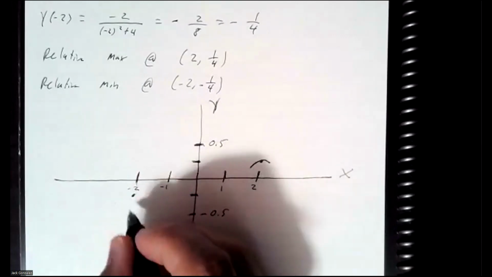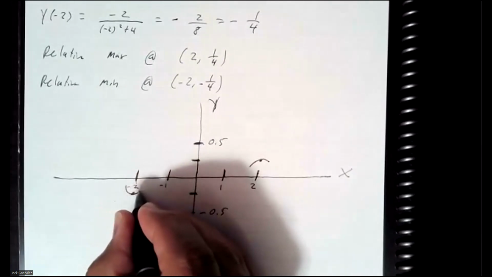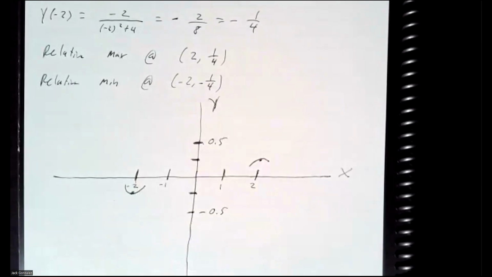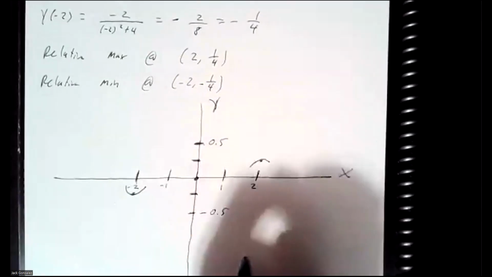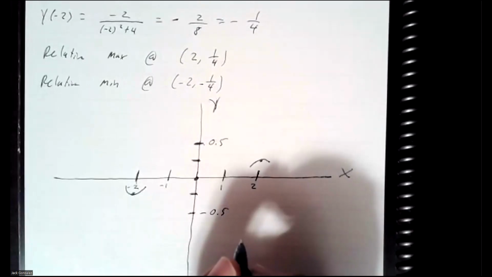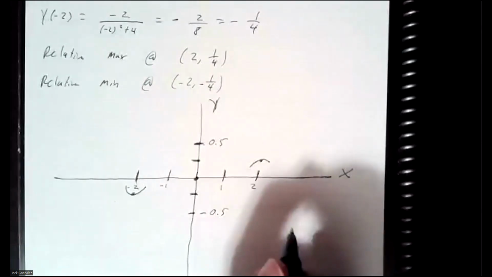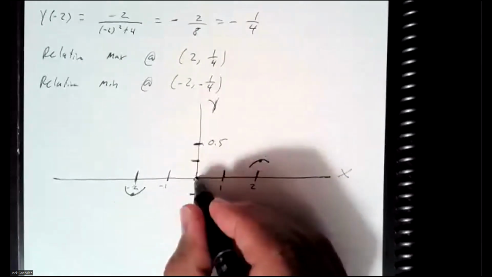So here we have a concave up maximum. Sorry, minimum. Local minimum here. We also have an X and Y intercept there, right? Oh, the X and Y intercept are both at 0, 0. So we're in the center, the origin.